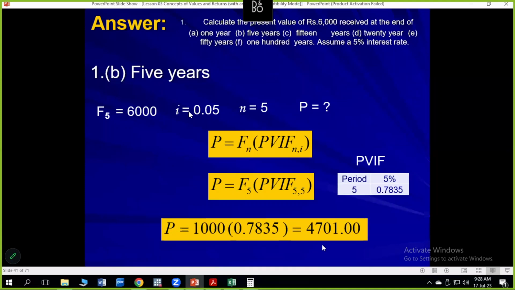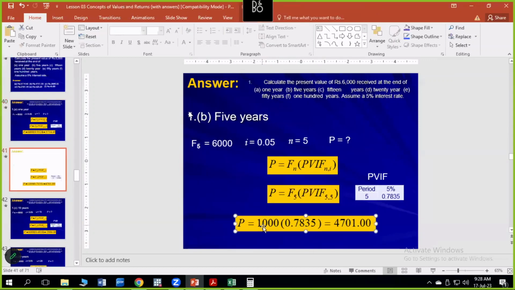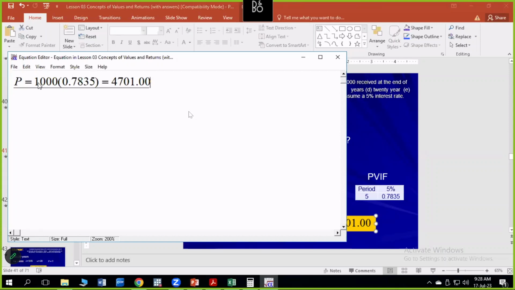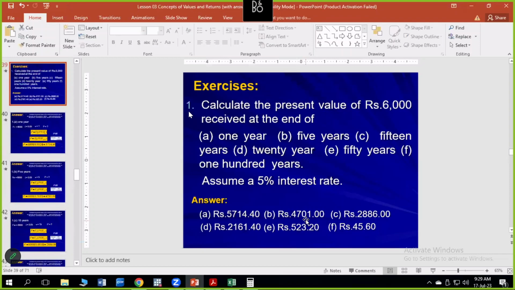Then the result would be 6,000 into this factor, 4,701.